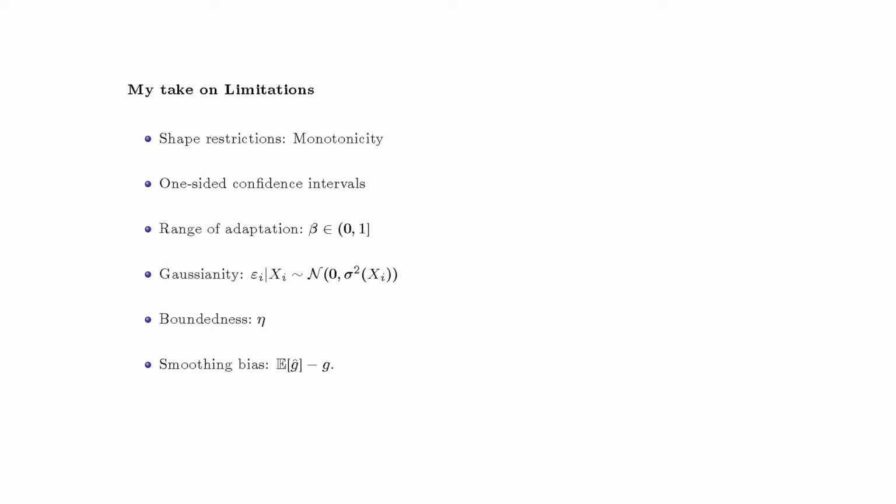The one-sided confidence interval thing, well, I don't know. I guess you can work more on how to actually make this two-sided, or maybe it doesn't really matter much. It's a discussion that we can have. The adaptation to beta, more importantly, is something that you just briefly mentioned, but I think is very important to say: many times, even though we do not know the Hölder coefficient, or maybe we don't know the degree of smoothness, it's definitely the case that we will have more than just Hölder continuity, right?